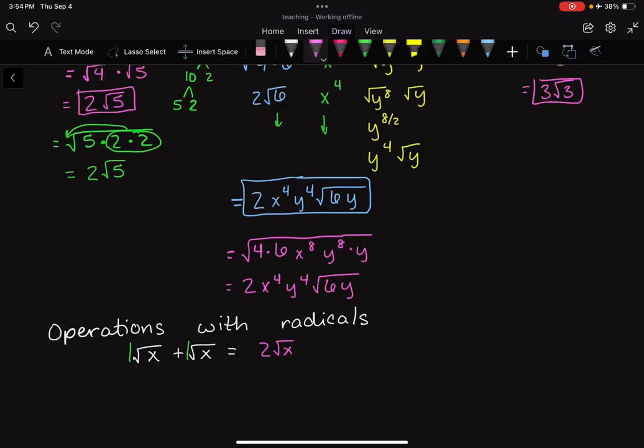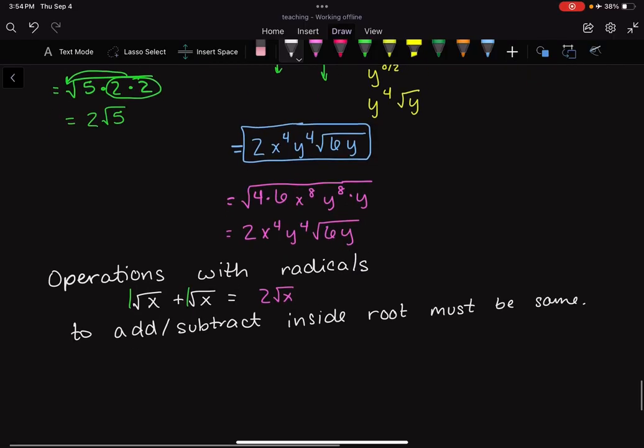So let me write that down. To add or subtract, the inside of the root must be the same. Also, the root has to be the same.